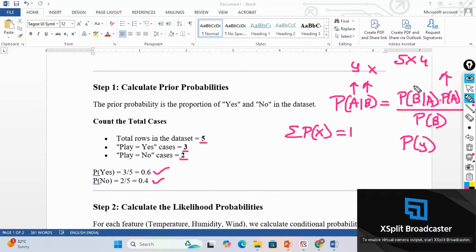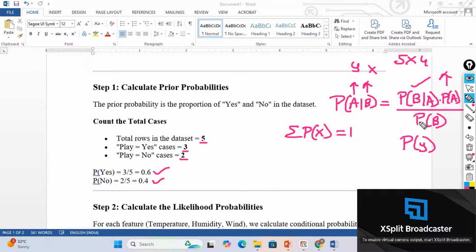Let us calculate the likelihood probabilities, P of B given A. And the question is, should we also calculate P of B? This is one thing that the majority of students don't understand: should P of B, the marginal probability, be calculated?